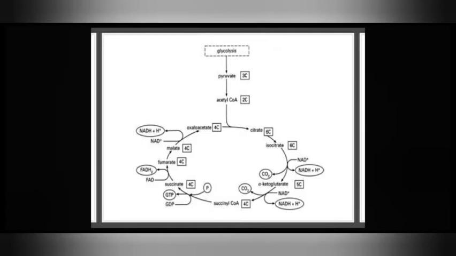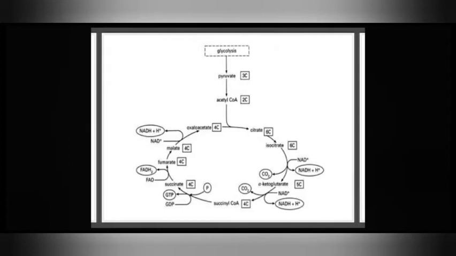Then there is removal of 1 carbon dioxide, which results in the formation of alpha ketoglutaric acid, a 5 carbon compound. From alpha ketoglutaric acid, again 1 carbon dioxide is removed, which results in the formation of succinyl coenzyme A. You can see in both steps 1 NAD is reduced to NADH2, so in all 2 NADH2 are produced here.